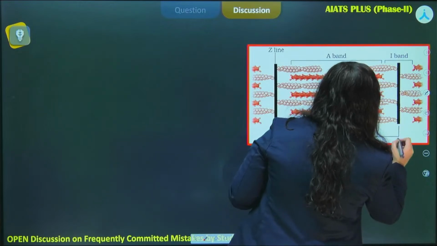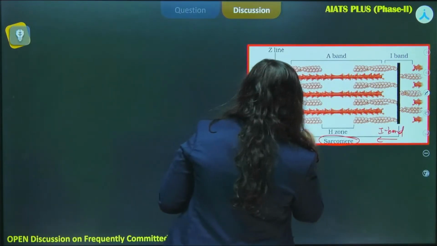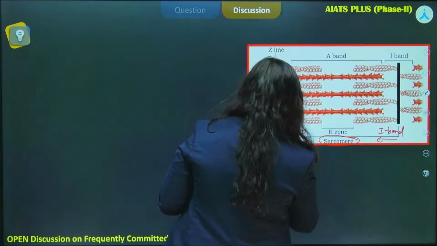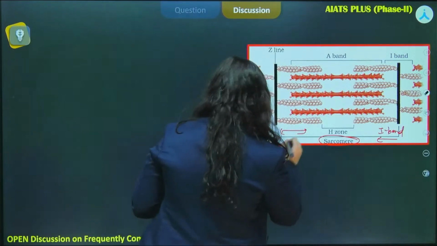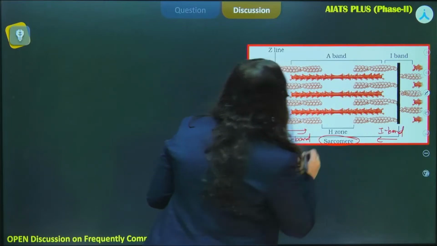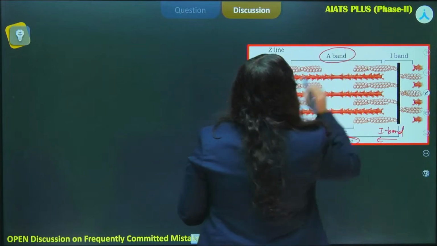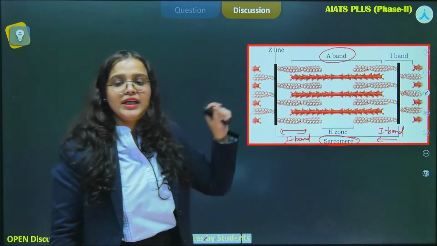Here we can see we have the half of I band from this side, and we have the complete A band which is constituting the sarcomere.